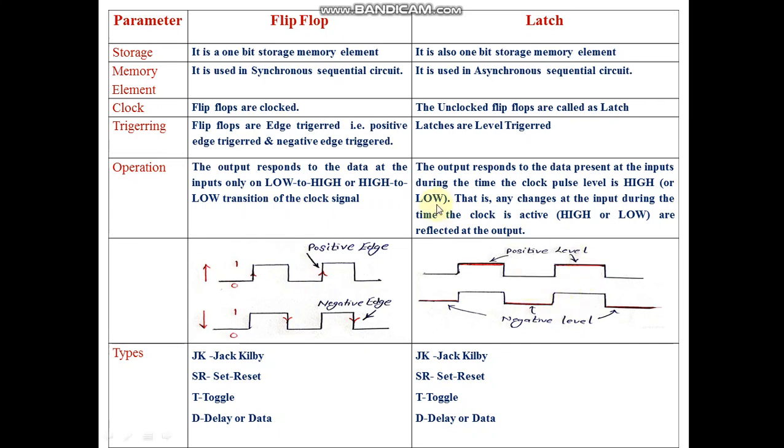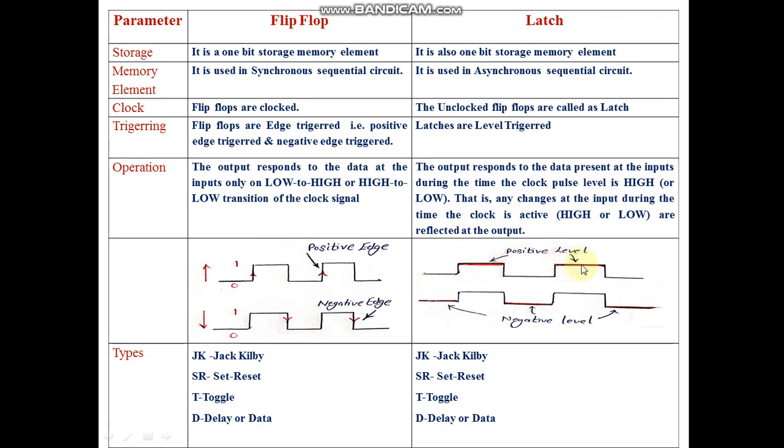While in case of latches, the output responds to the data present at the input during the time the clock pulse level is high or low. That is, any changes at the input during the time the clock is active high or low are reflected at the output. As you can see here, these red symbols denote the level.